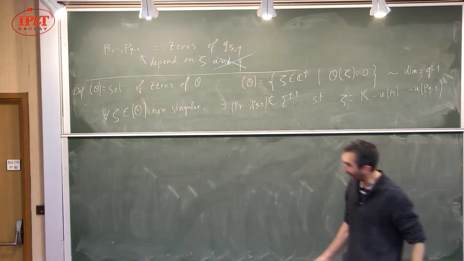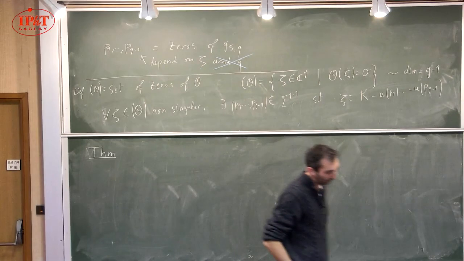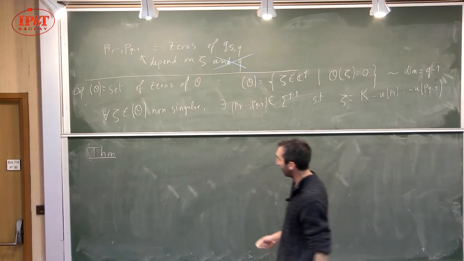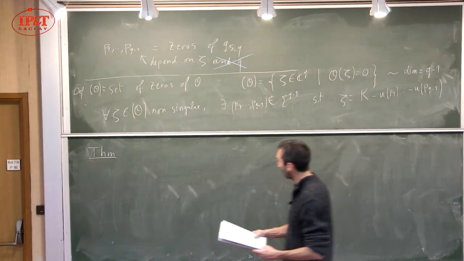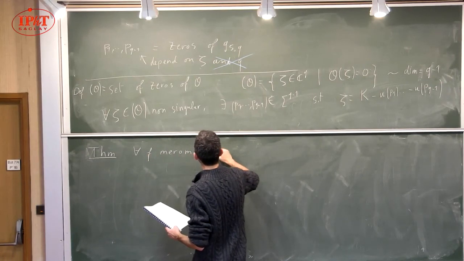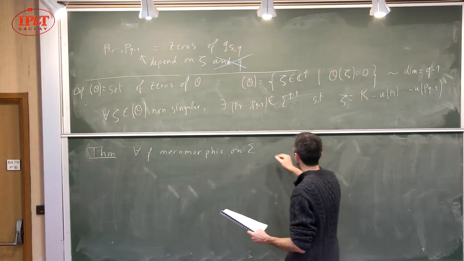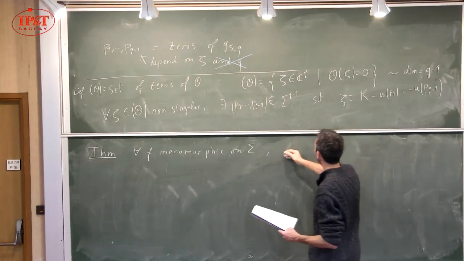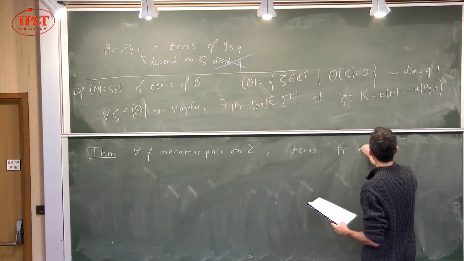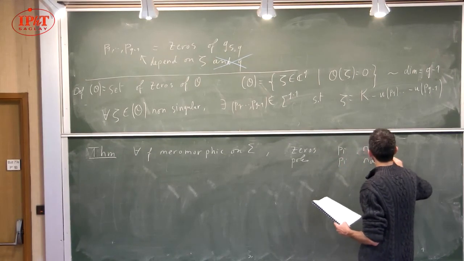So the main theorem that I want to say is that, theorem: for every f meromorphic on sigma, let it have zeros pi of multiplicity order alpha i and poles pi of order also alpha i.